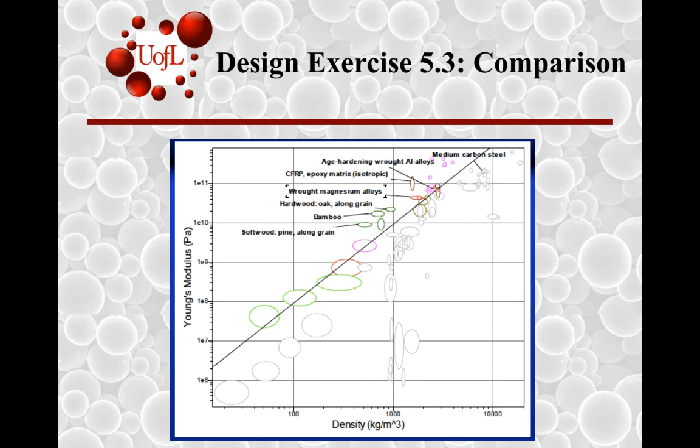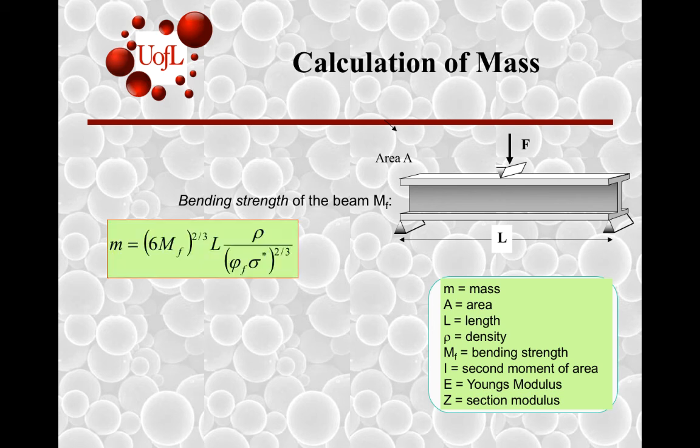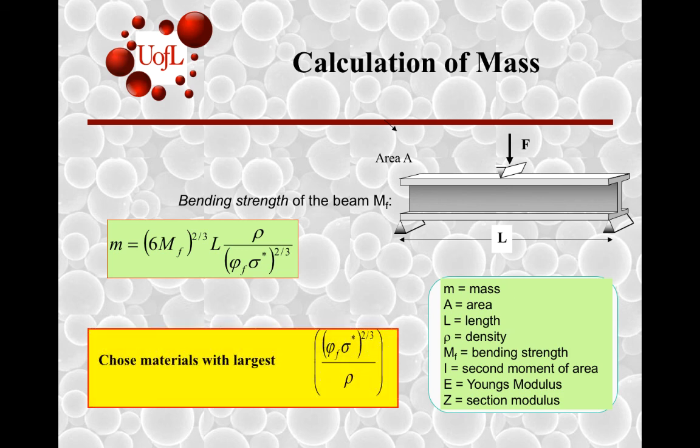right material selection. Now we've seen that you can calculate the mass of a beam by this term over here, where you begin to take into account the shape efficiency factor for bending strength. So you can choose materials with the largest value of this material index.